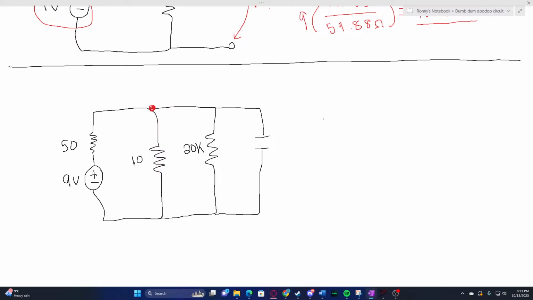So this voltage here is going to be about 1/6 of 9. What is that? 9 times, not 1/3, 1/6. Oh whoops, I did 9 divided by. 9 times 1 divided by 6, or about 1.5 volts.